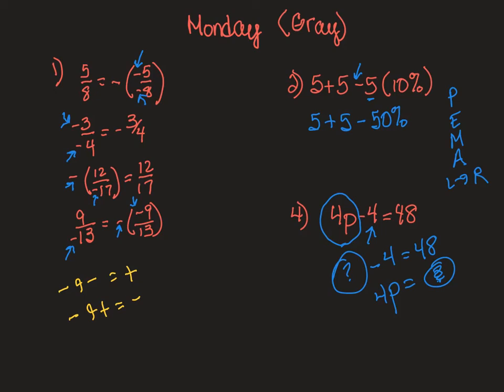So whatever that is, I'm going to divide it by 4 because I want to know what 1p is. Okay, so I'm finding out what number I take away 4 from to get 48. And then I divide that number by that 4 to get what 1p is.